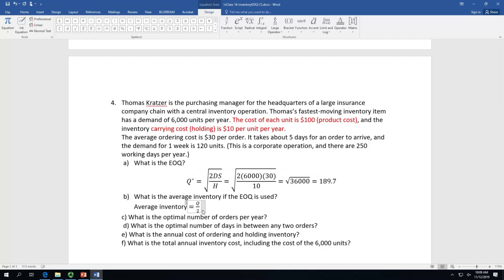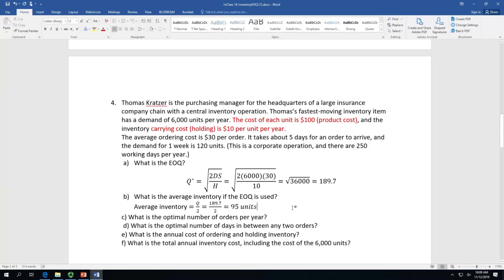Because Q here is 189.7, divided by 2, it is about 95 units.